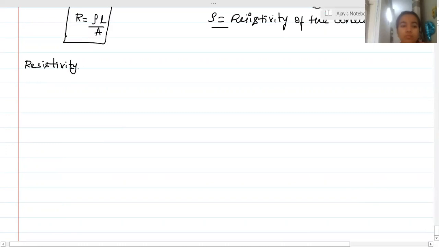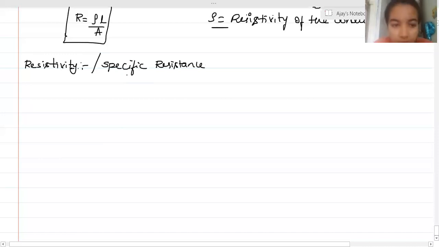Here, for resistivity we have another name, called specific resistance. So what is the other name for resistivity? Specific resistance. Specific resistance.